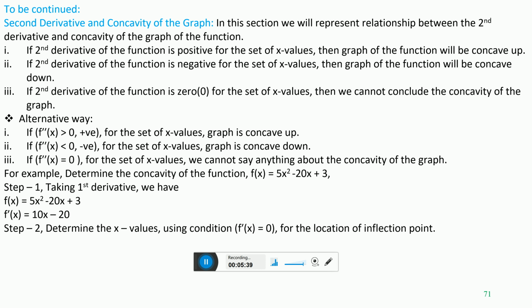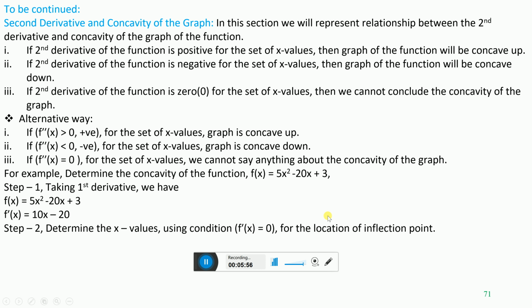So how can we determine the concavity of this function using the second derivative test? In the second derivative test, as is very clear here, we study three different conditions.